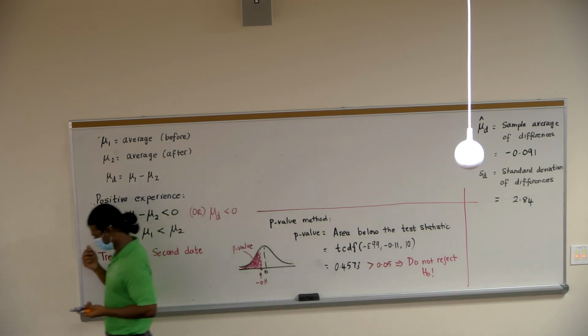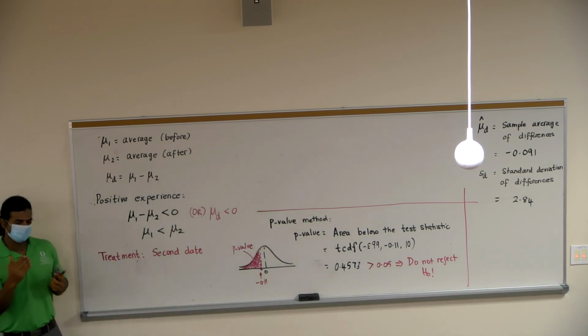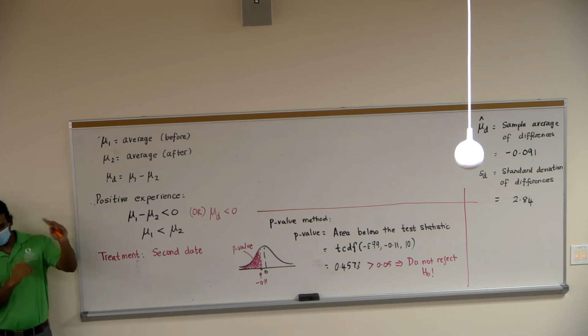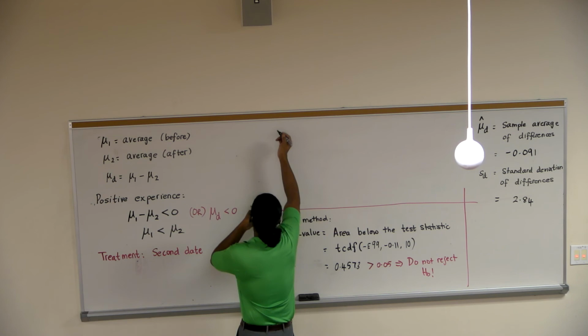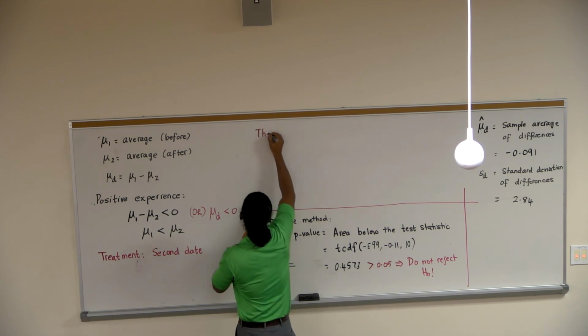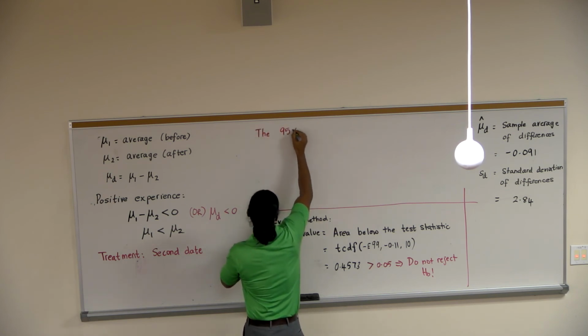Earlier, or maybe 2 or 3 weeks ago, I said if you use the software, typically when a test is done, you would always get the confidence interval also, because they are related to each other. So let's say a 95% confidence interval.